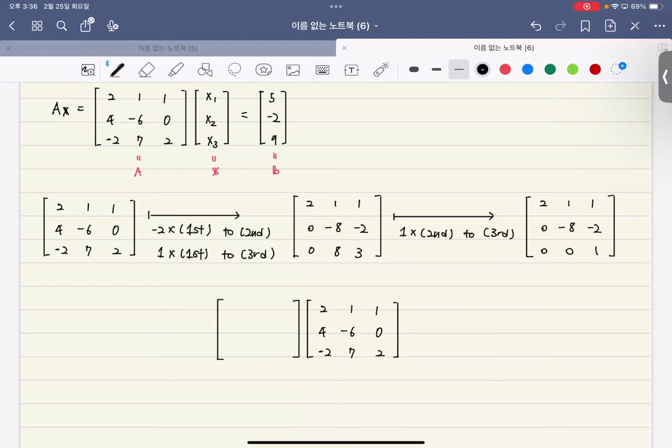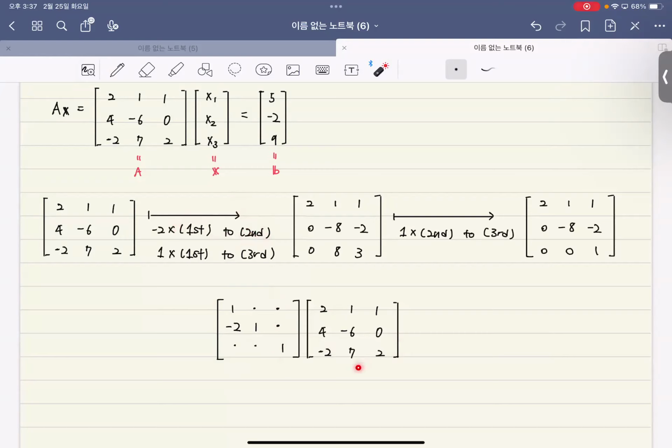Performing this elementary row operation is equivalent to multiplying this matrix. These dots imply the entry equals 0. If an entry equals 0, I will just leave it blank or put these small tiny dots. So this elementary operation is achieved by multiplying this elementary matrix to the left of your original matrix A.